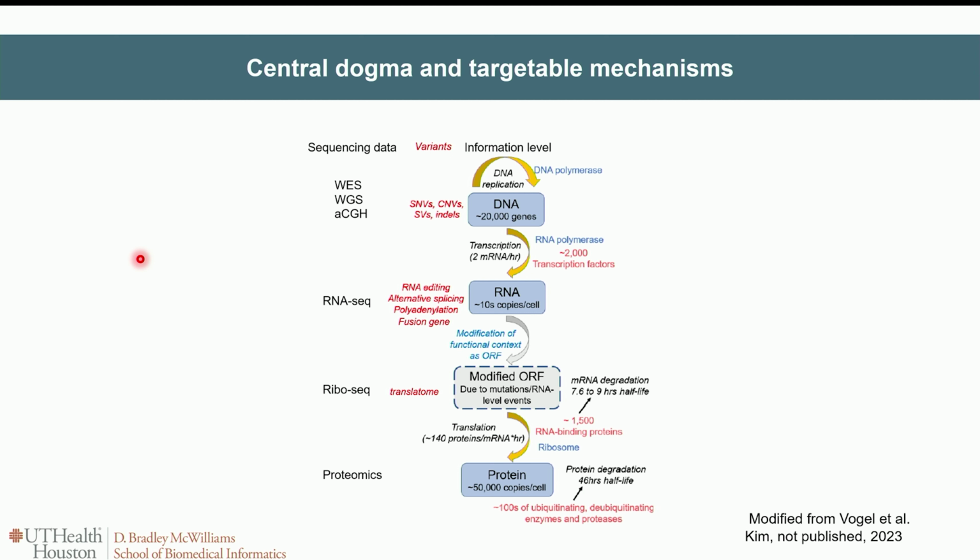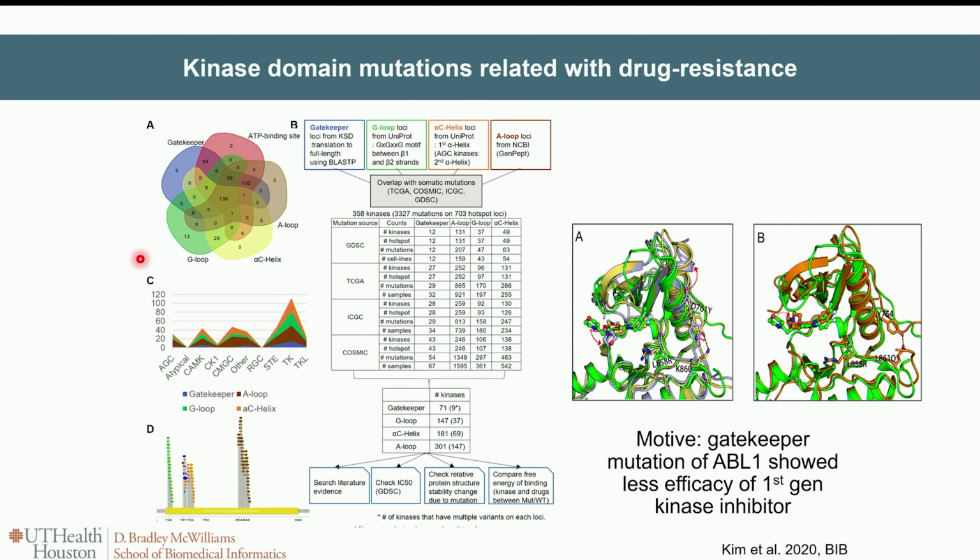So usually people predict fusion genes using RNA-seq data. Many of the potential mechanism studies I share here were initiated during my study of fusion genes.